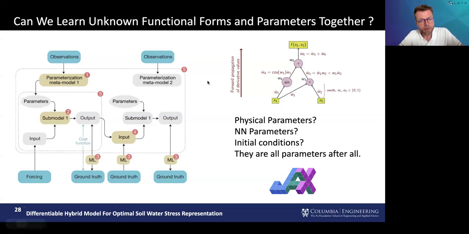And if we can train all of that end-to-end, so together, and that's where we're using JAX again to do this parametric and structural uncertainty, we can just learn everything together. And by everything here, it could be the initial conditions, the physical parameters, or some potential neural networks that are embedded into that. They are just all parameters after all, right?